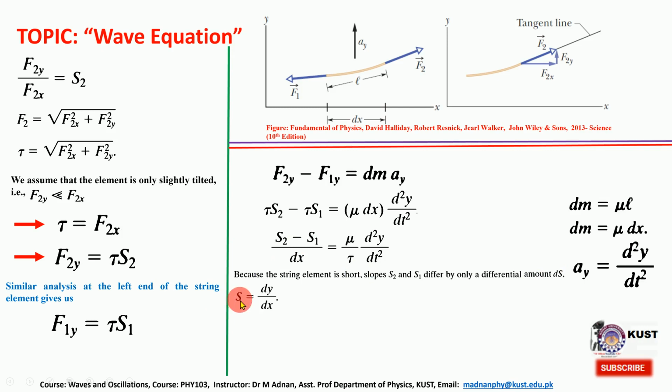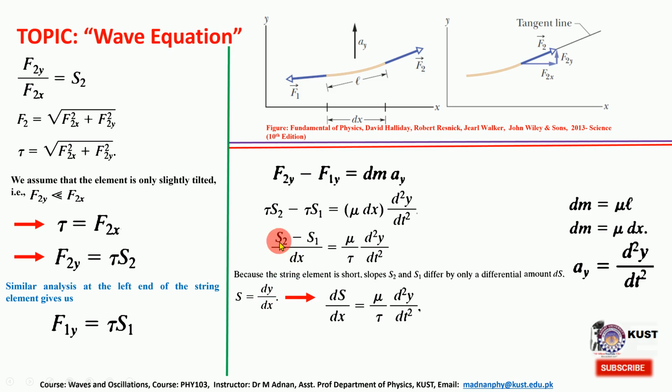Now, this S can be described as dy over dx on this figure. This is the y coordinate and this is the x coordinate, so that this slope will be dy over dx.